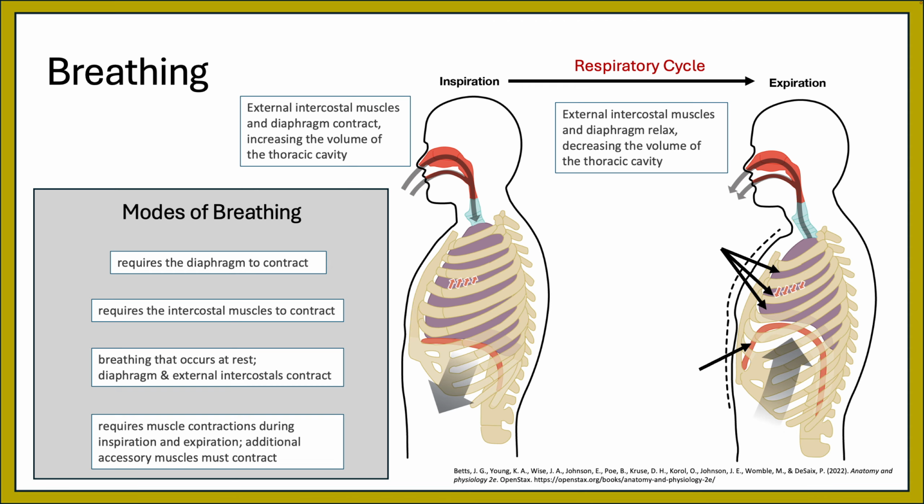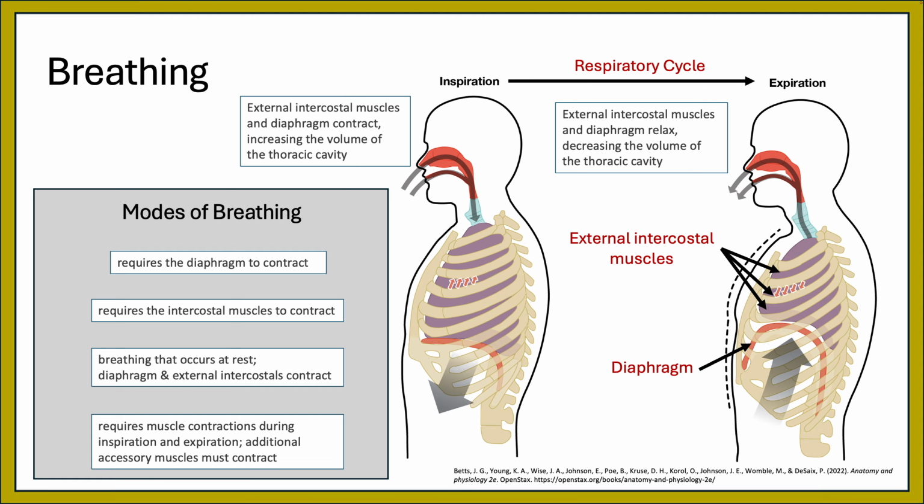Inspiration makes use of the external intercostal muscles and the diaphragm, which contract, thus increasing the volume of the thoracic cavity, while expiration is when the external intercostal muscles and diaphragm relax, thus decreasing the volume of the thoracic cavity.